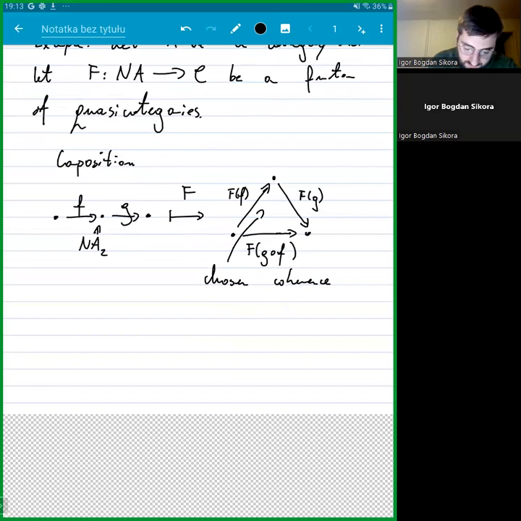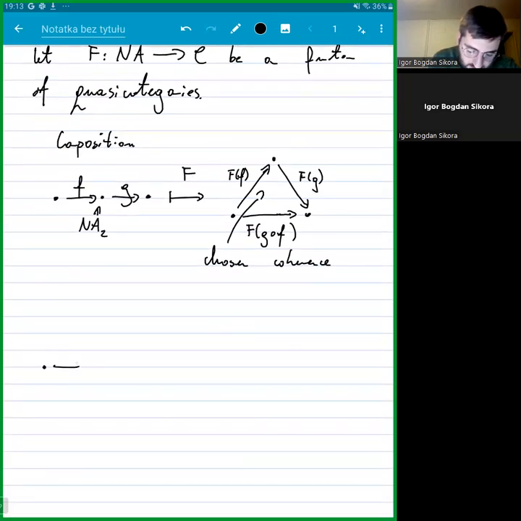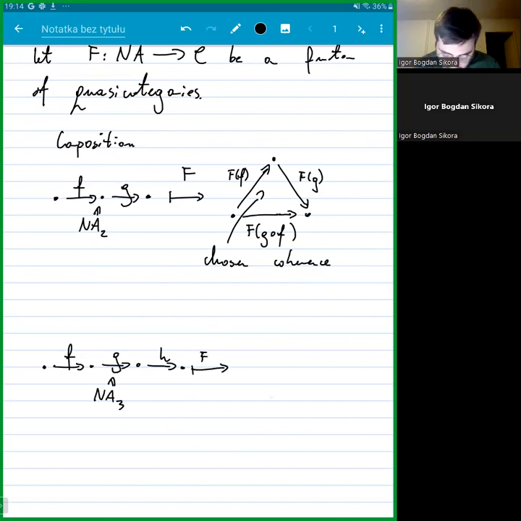So let's see what it means. Now let's take three morphisms in, a three simplex in the nerve of A. And what it will be sent to, well, so here we'll have a three simplex. Just give me a moment to draw it.